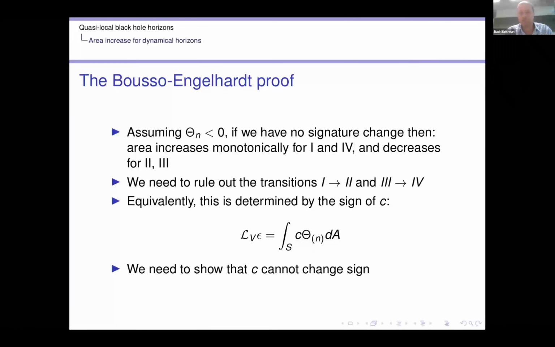Well, a simple calculation will show the following. Let's look at the Lie derivative of the area element on the spheres of these marginal surfaces, as it changes along the vector V. You can show, by a simple calculation very similar to what we did in the very beginning for the space-like dynamical horizon, a little extension of that, that the change of the area is given by an integral in which you have the quantity C multiplied by the expansion theta_n.